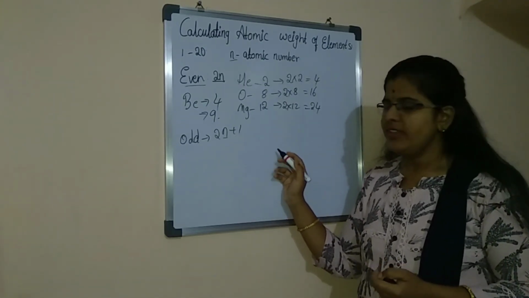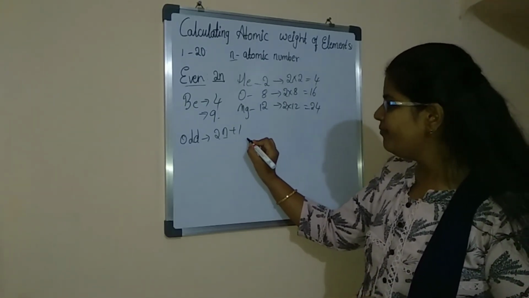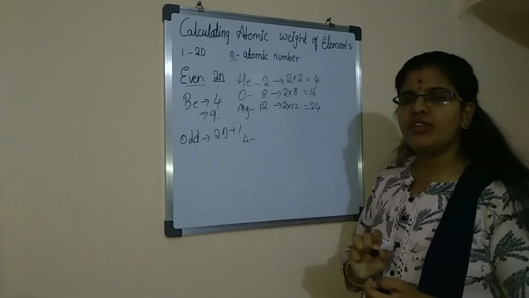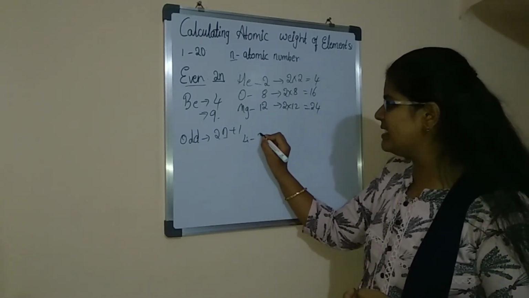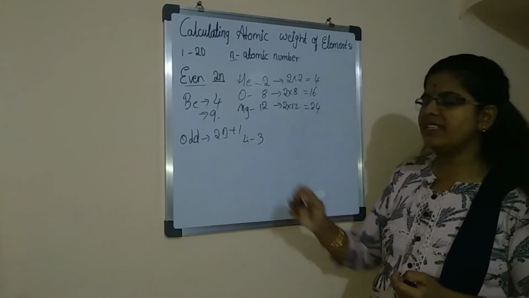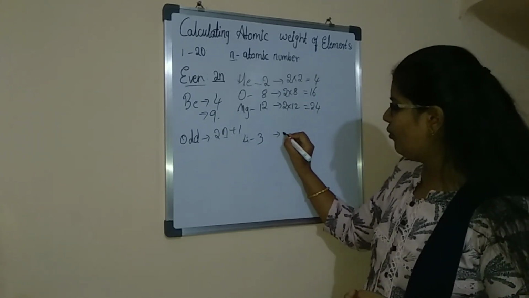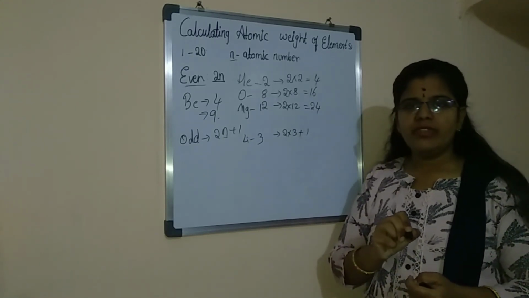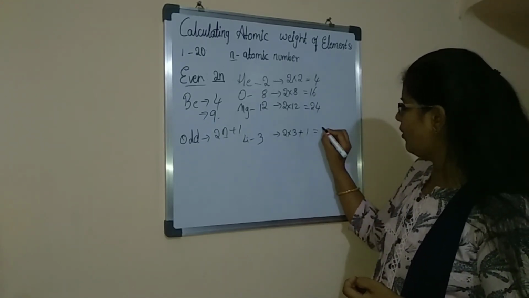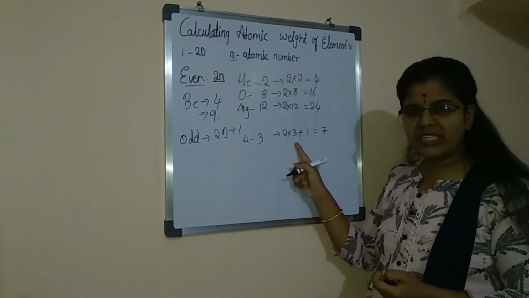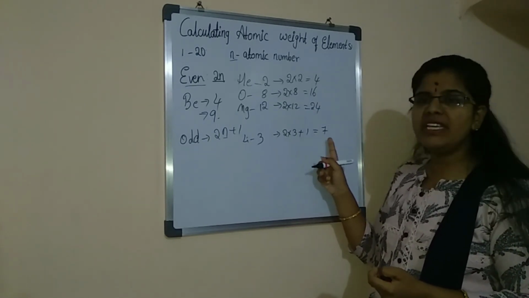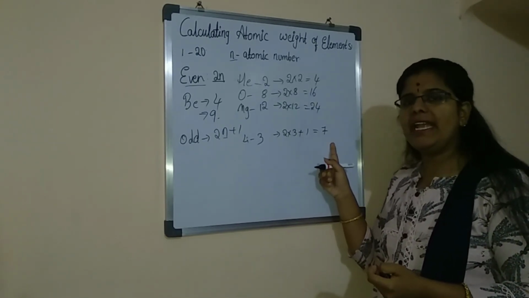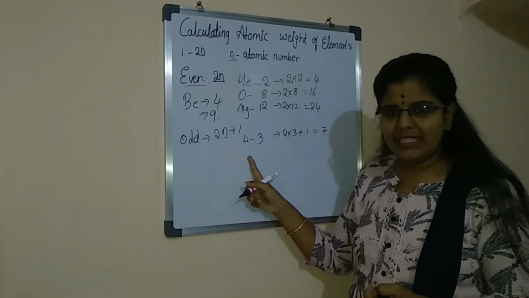Let me take one example, lithium. Lithium's atomic number is 3. Applying the formula, 2 into 3 plus 1. 2 into 3 is 6, and 6 plus 1 is 7. So 7 is the atomic weight of lithium.